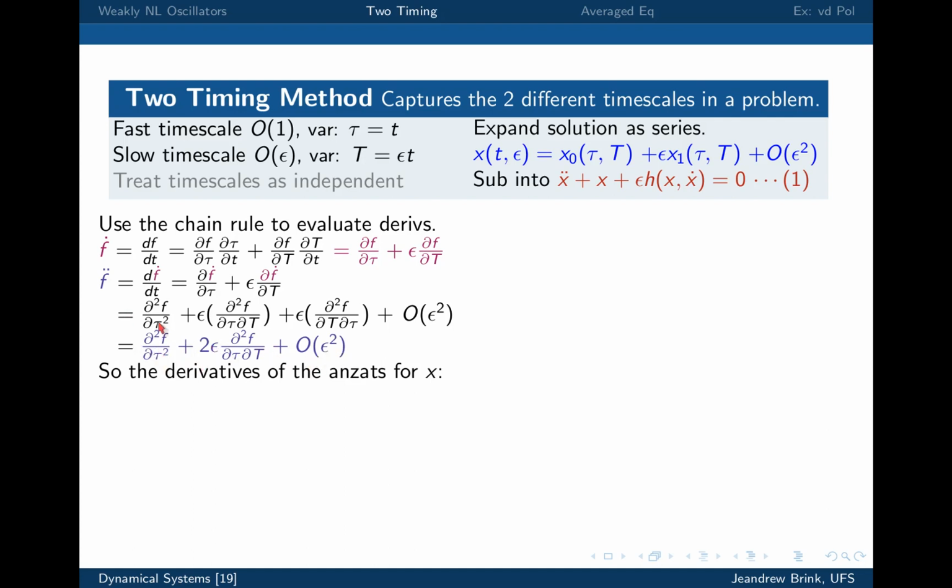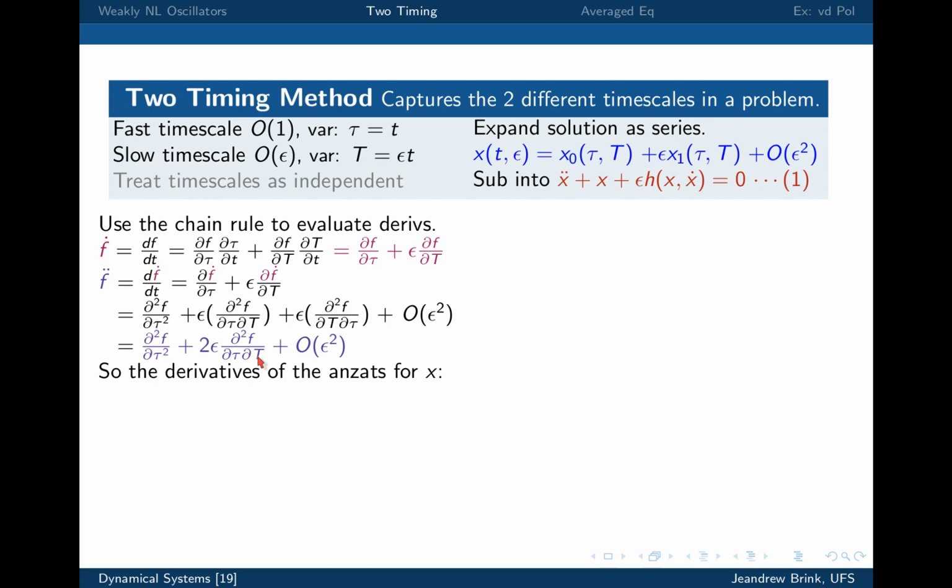So we basically have this first term as the second derivative with respect to the fast time, and 2 times epsilon, the mixed partial derivative with respect to the fast time and the slow time.